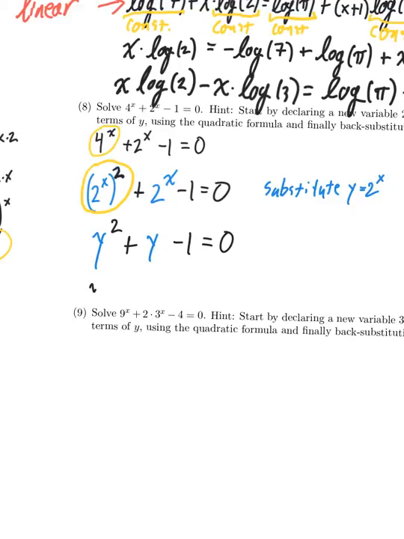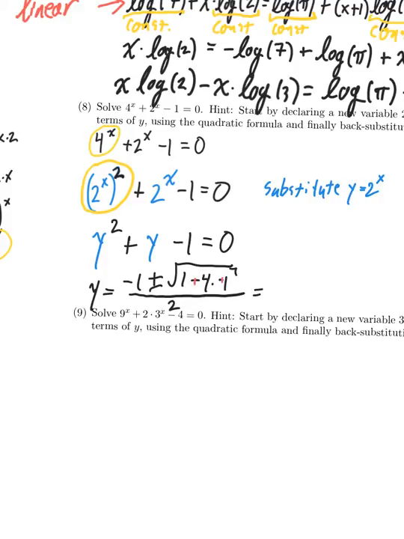And if I do that, I'll get y equal to negative b plus or minus the square root of b squared minus 4 times a, 1, times c, negative 1, all over 2a.